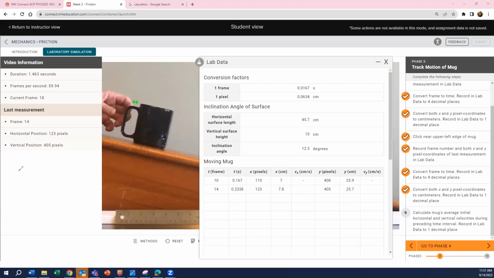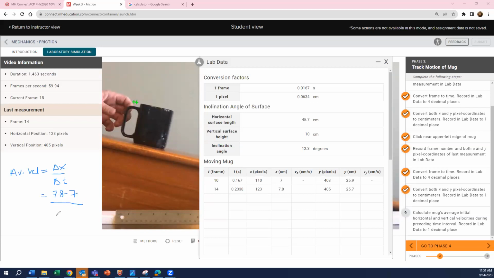The average velocity is going to be delta x over delta t. Delta x is x2 minus x1. So x2, the second position, is 7.8, and the first position is 7.